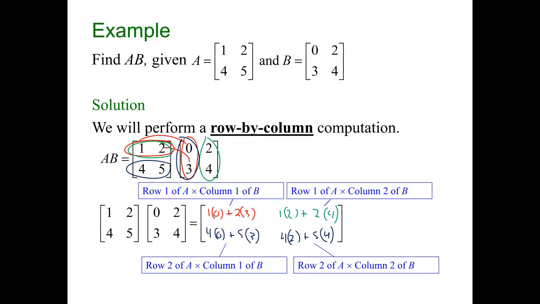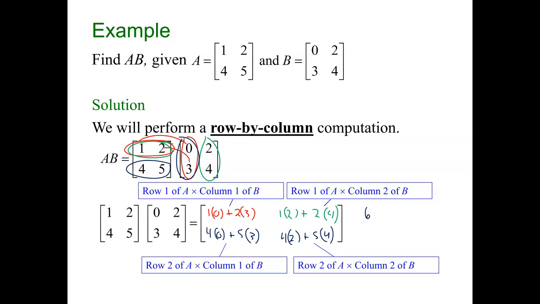4. That is the work that is mandatory, non-negotiable. I need to see that. Okay? Need to see it. Now we just simplify it all up. So if I have 1 times 0, which is 0, and then 2 times 3, 6, so 0 plus 6 is 6. I'm sorry.